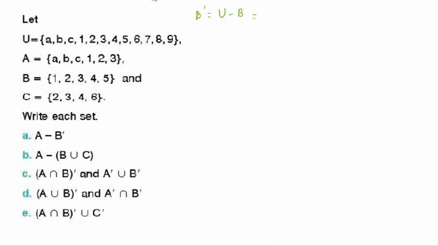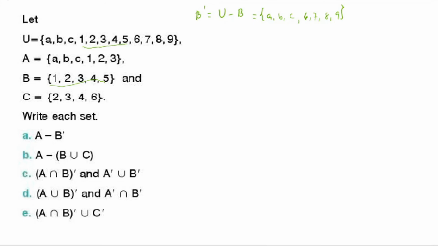Then subtracted by B, we have 1, 2, 3, 4, 5. So I will just cancel the 1, 2, 3, 4, 5 because those are the elements found in set B. So therefore, B complement now has the elements A, B, C. We also have 6, 7, 8, 9. So this is the answer for B complement.